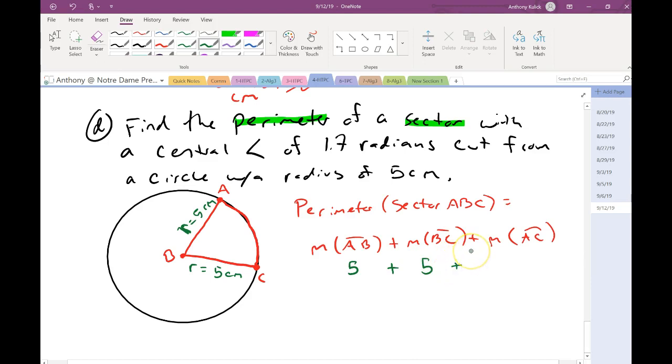We still need to find AC, though. How are we going to find AC? What piece of information haven't we used yet? Yeah. So I'm just going to use my formula.